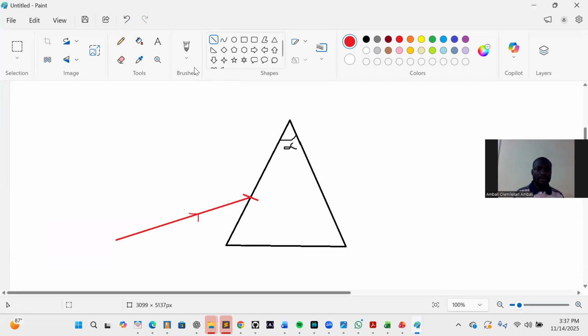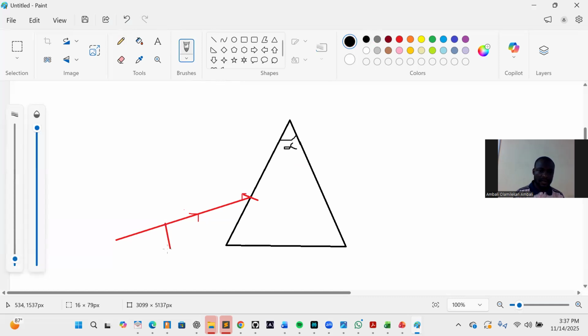So you can see the incidence angle here, and this is the incident ray.